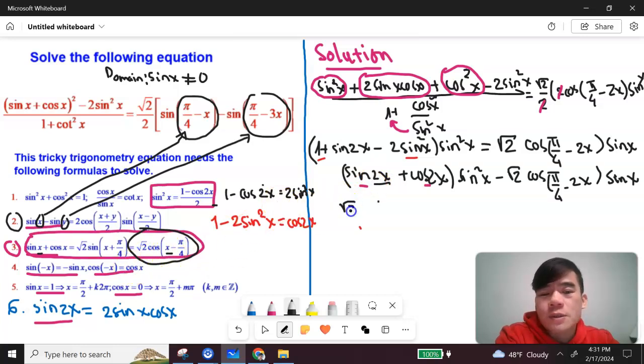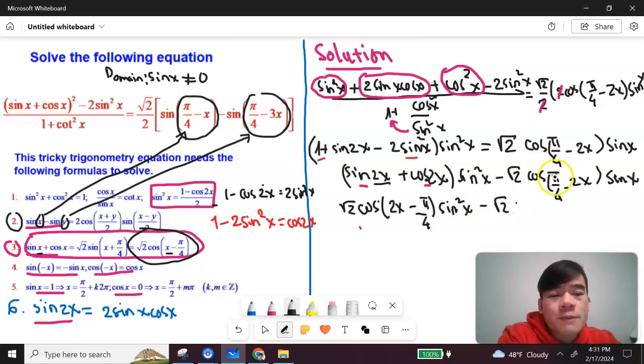Alright, so we have root 2 cosine of 2s minus pi over 4 sine square of s minus root 2. Right here, I see that this is 2s minus pi over 4, and this is pi over 4 minus 2s. They are opposite. But since cosine is an even function, cosine of negative s equals cosine of s.